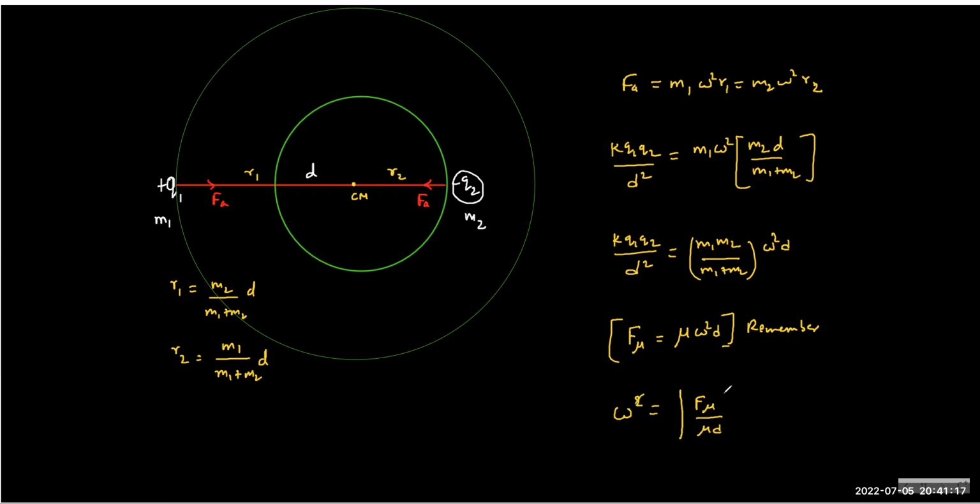Let's take it under root. And if you substitute all the values, you'll get the answer as, okay, it's a big answer. So you can see the omega turns out to be how much? The angular velocity.